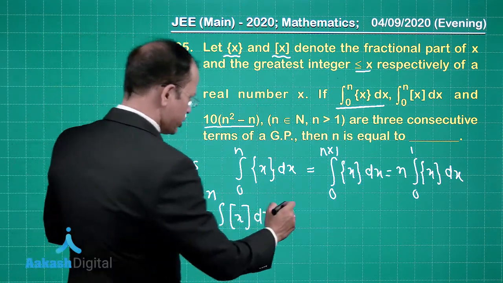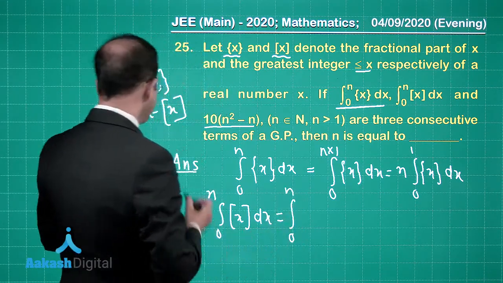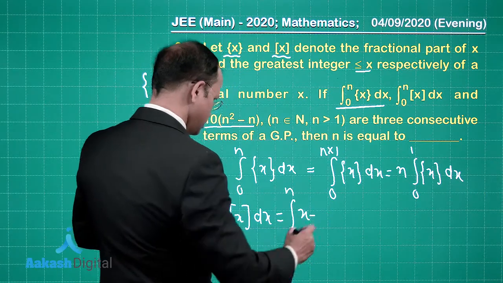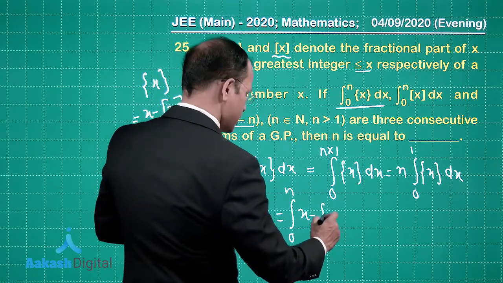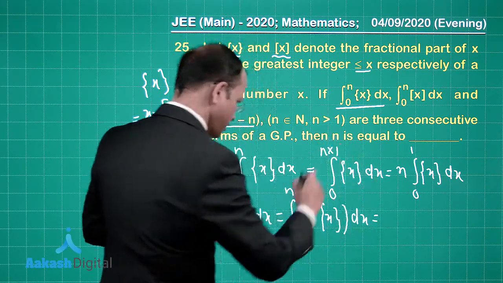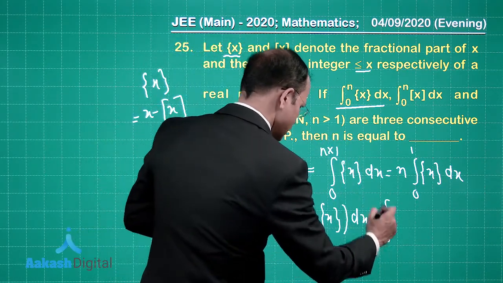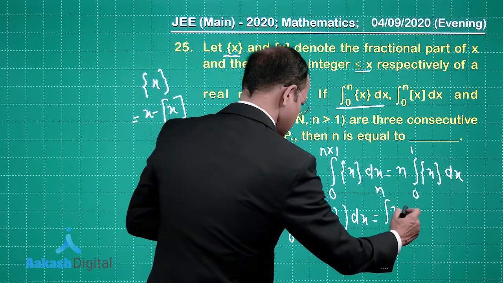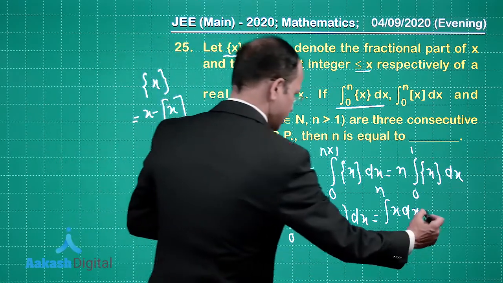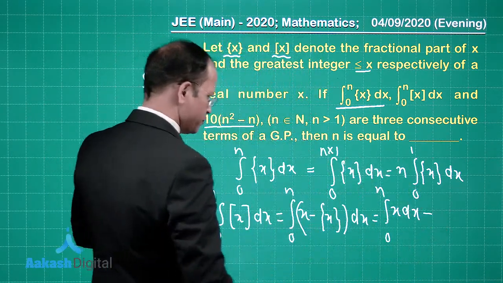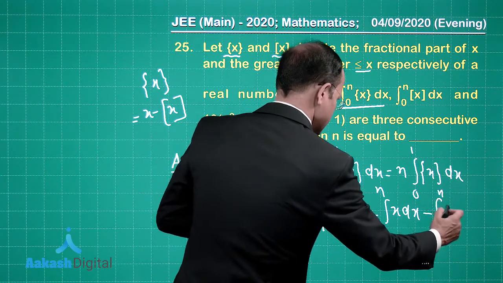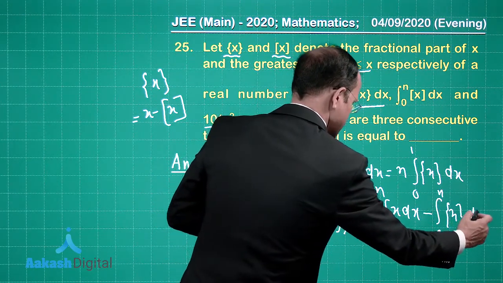That means the greatest integer is x minus the fractional part. And this is coming out to be the integral from 0 to n of x dx, minus the integral from 0 to n of the fractional part of x dx, right?